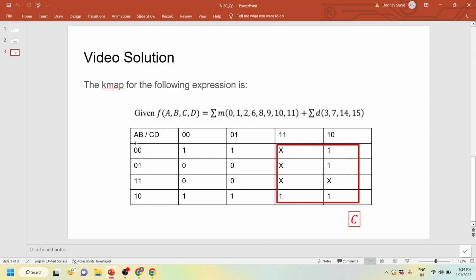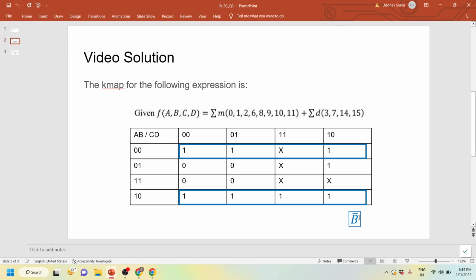These are 1 irrespective of them, so A and B won't come in this. In this row also, C is 1 and D is changing from 1 to 0, so it doesn't depend on D either. But when the input C is 1, these are 1. So the other term is C.